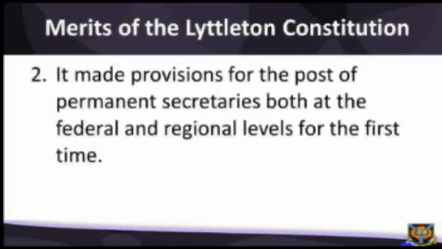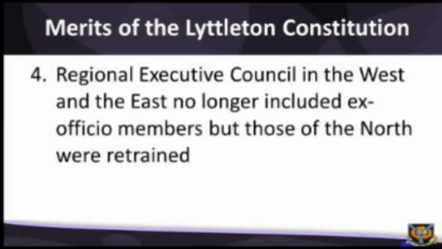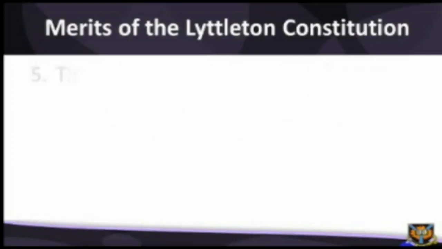The Constitution made provisions for the post of permanent secretaries both at the federal and the regional levels for the first time. The number of Nigerian ministers in the government was strengthened to comply with the demand for greater regional autonomy. The Regional Executive Council in the West and the East no longer included ex officio members, but those of the North were retained.